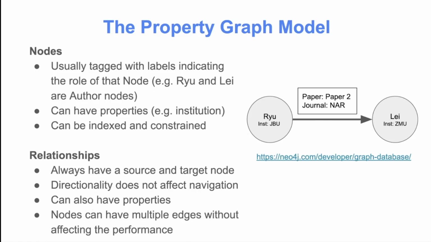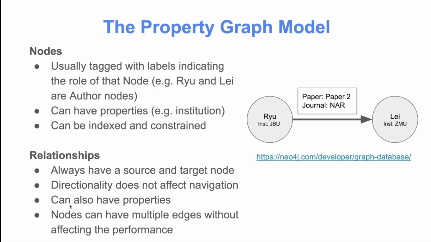So there is some sort of directionality there, but it does not really affect navigation. We can see later when we discuss Cypher that you can be agnostic to this directionality when querying.